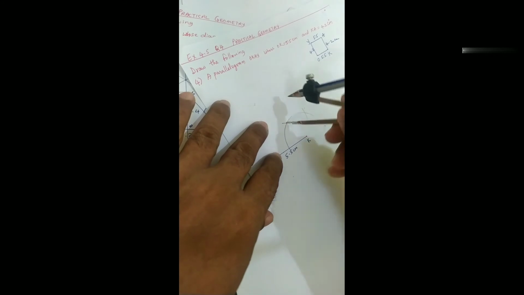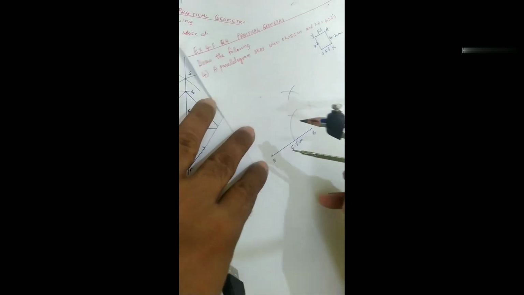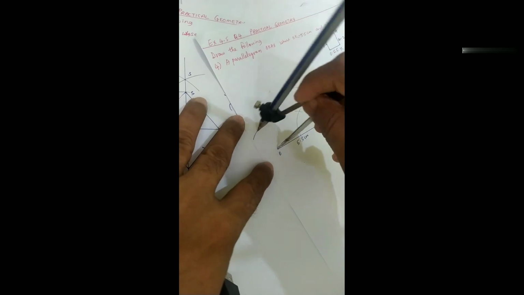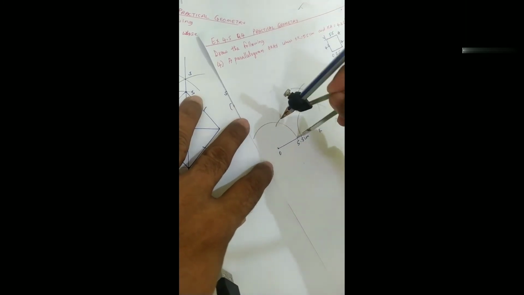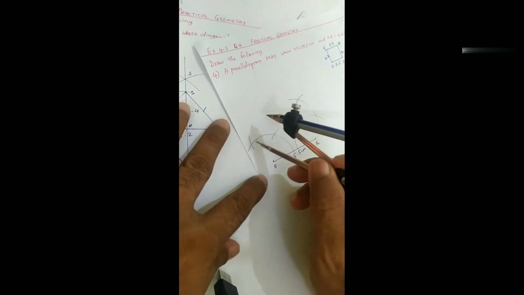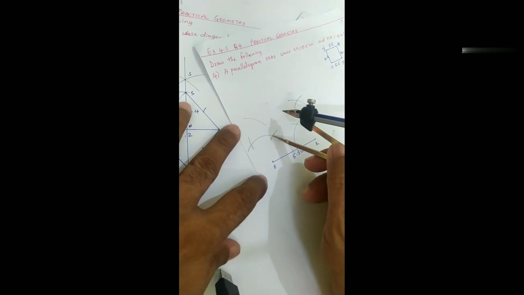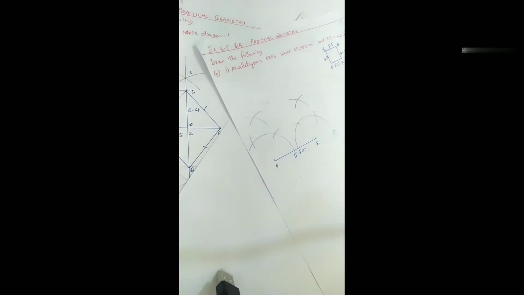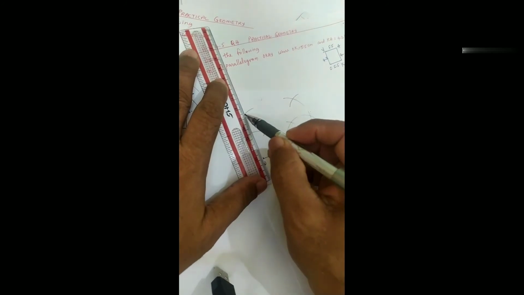Then bisect 60 and 120. You will get 90 degrees. Again from this side also, this is 60 degrees and this is 120, and bisect 60 and 120 and you will get 90 degrees. So this is a 90 degree angle.